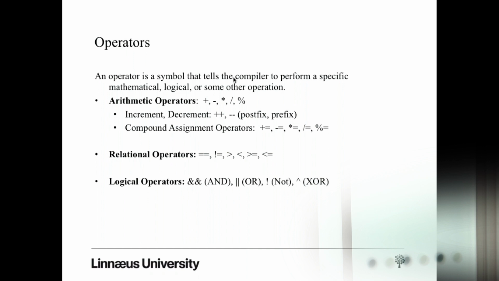So for example, if we want to decide whether a student has passed or not, you can say if marks greater than 40, or whatever the benchmark is, then you don't need any logical operator. You can just do it with the relational operators.